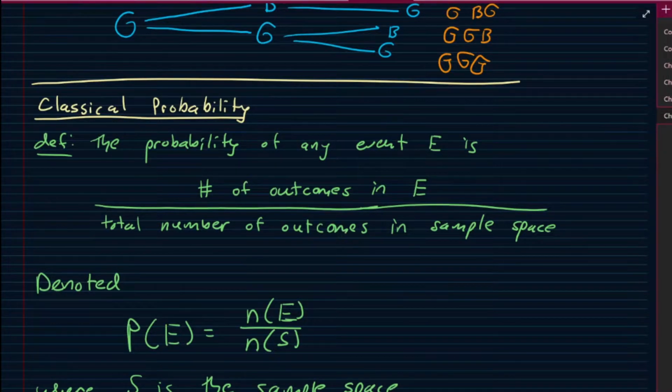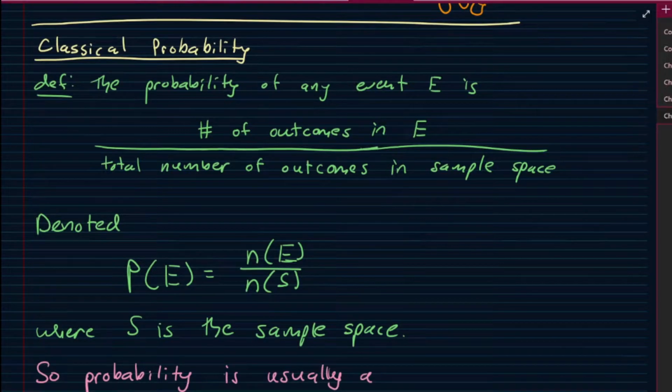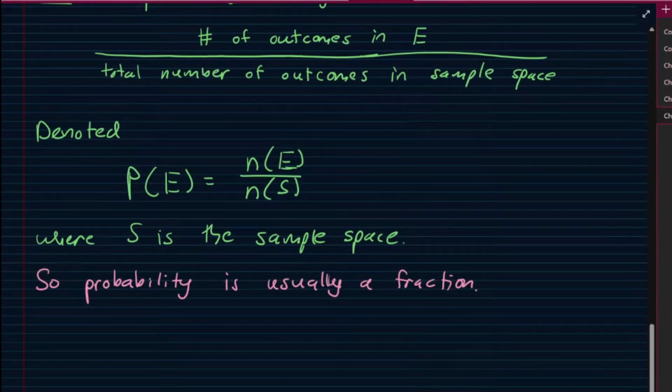So probability is usually a fraction, or you can always view it in the form of a fraction. But it's going to be between 0 and 1, where 0 means it's never going to happen, and 1 means it's always going to happen.